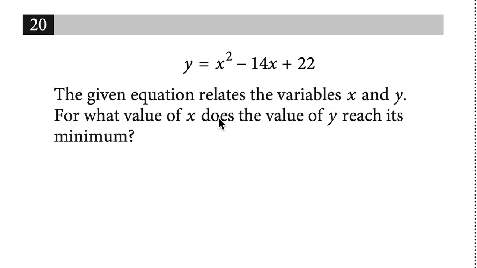Question number 20. y is equal to x squared minus 14x plus 22. Okay. The given equation relates the variables x and y. For what value of x does the value of y reach its minimum? Okay. Because a is greater than 0.